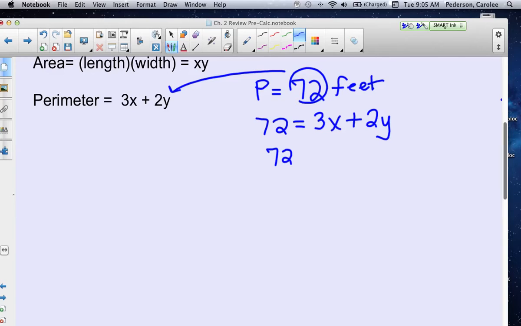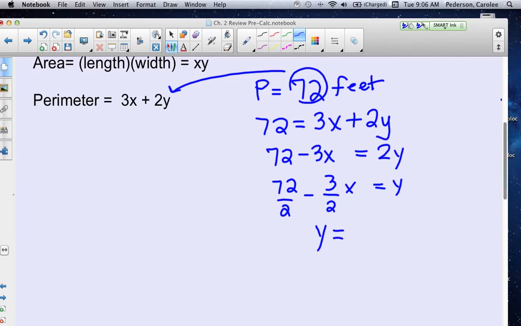So 72 minus 3x equals 2y. Then we would divide it by 2. So we get y to be 36 minus 3/2 x.